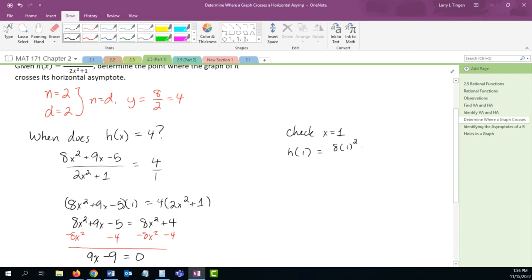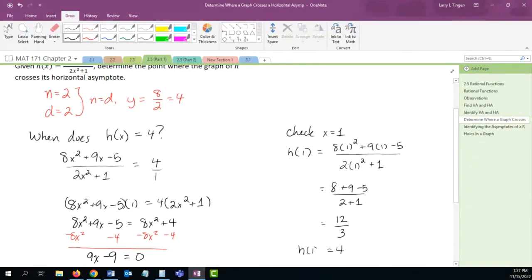That's 8 times 1 squared plus 9 times 1 minus 5 over 2x squared plus 1. It's always nice when the variable is 1, because all that's left are just your original coefficients. 8 plus 9 minus 5 over 2 plus 1. 8 and 9, 17. 17 minus 5 is 12. 2 plus 1 is 3.